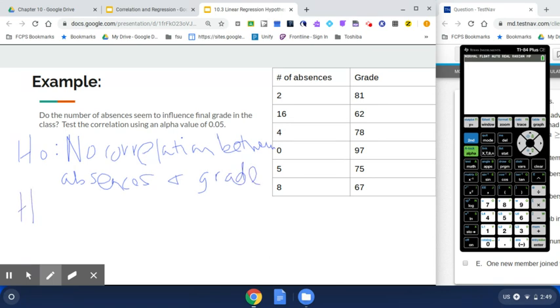And then for the alternative hypothesis, we would say there is a correlation between those two variables. So there is a correlation between the number of absences and the final grade. Okay, so that's step number 1 of our hypothesis test.